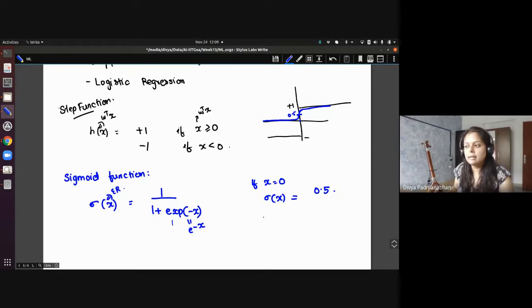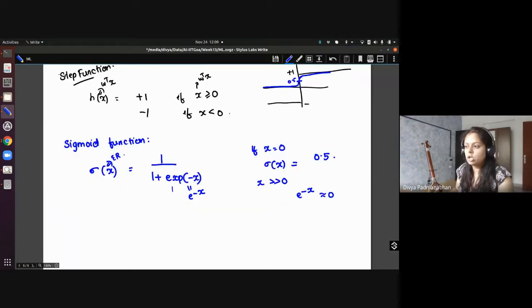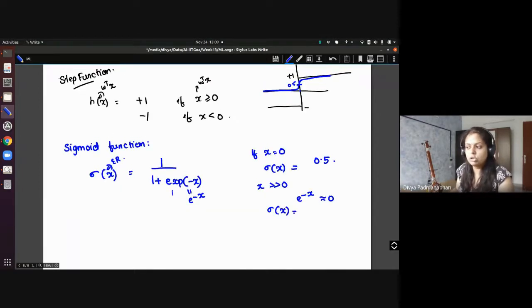Suppose x is a very big positive value. What happens here? E power minus x becomes close to 0, and what you get for sigma of x is going to be close to 1.